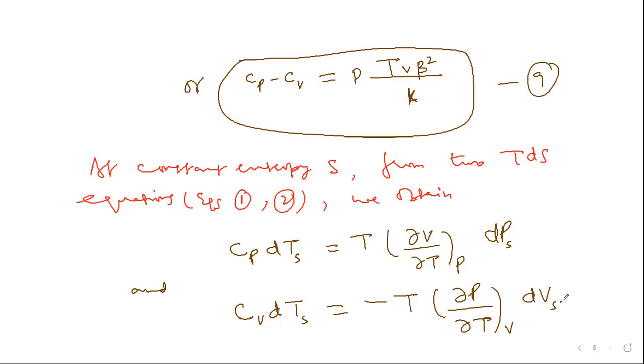So we have Cp dT_s is equal to T dou V by dou T at constant P dP_s, and Cv dT_s is equal to minus T dou P by dou T at constant V dV_s. Let me name these 10 and 11.